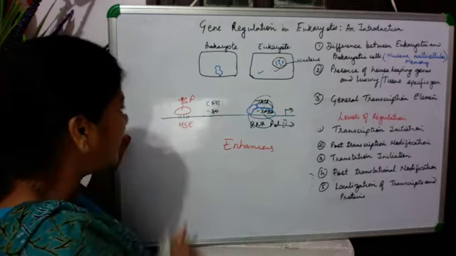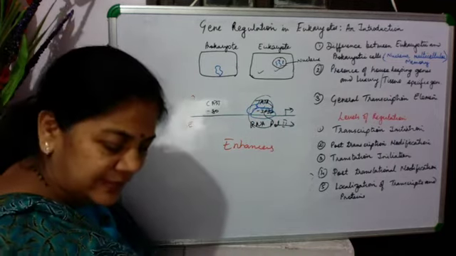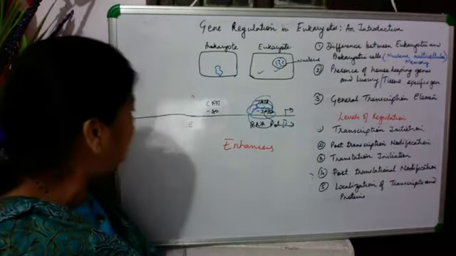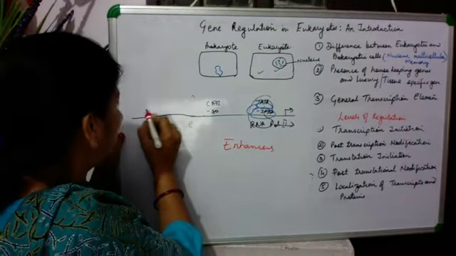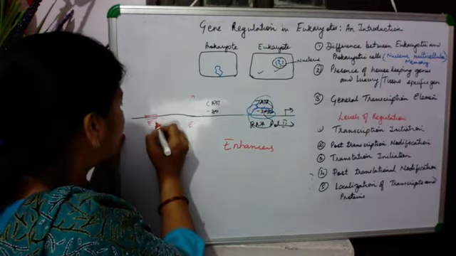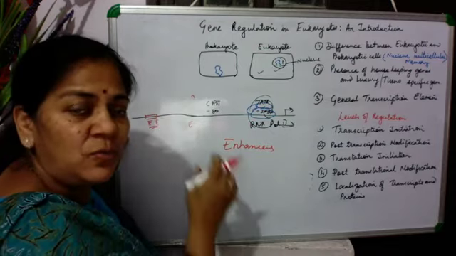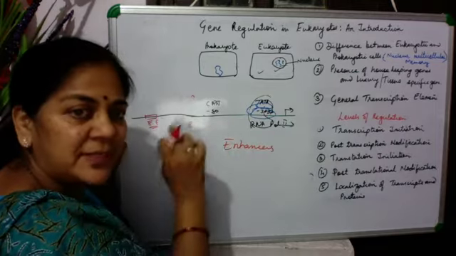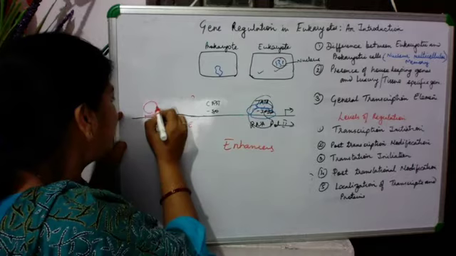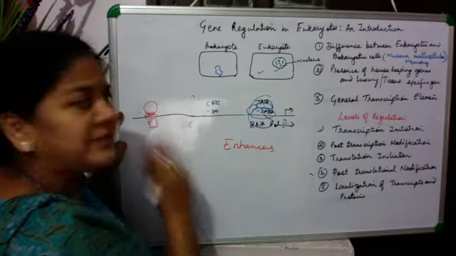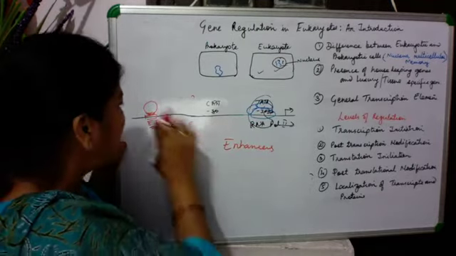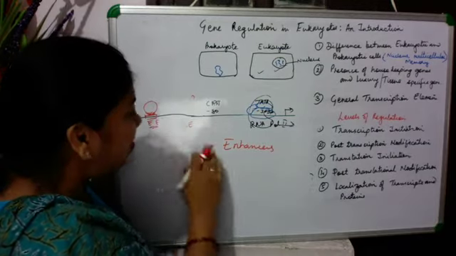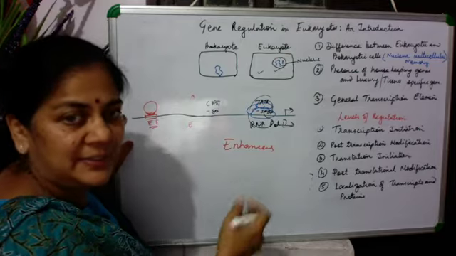So now the question is, if an enhancer element is present over here, how does this element regulate the transcription of this gene from so far off when the transcription activator binds to it? The binding of the transcription activator to the enhancer element introduces a bend in the DNA.